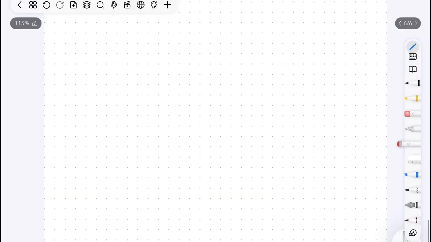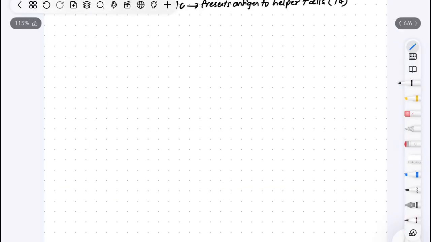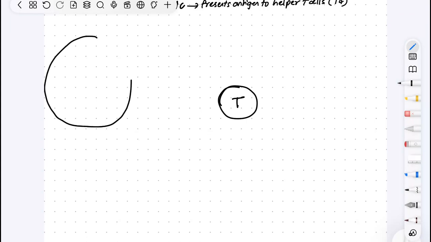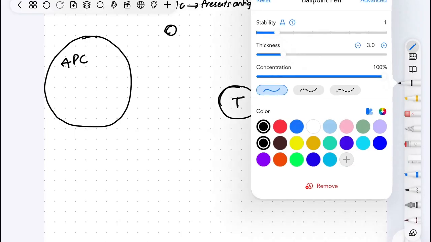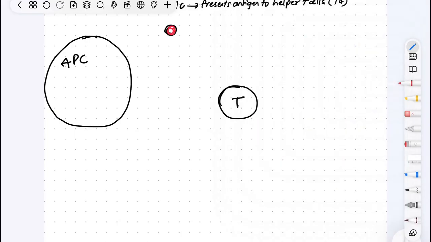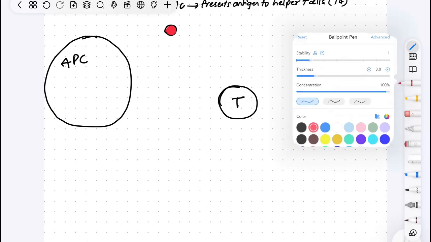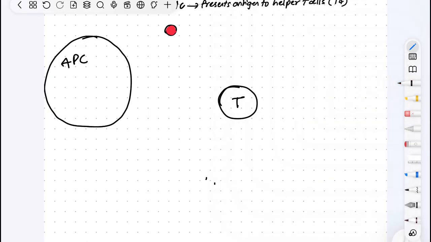We'll talk about it. See, we have T lymphocytes. Suppose think of this as T lymphocytes, and we have something called antigen presenting cells in our body. So this is an antigen. Now, what is the problem here is T lymphocytes cannot recognize the antigen by themselves, so they require antigen presenting cells.